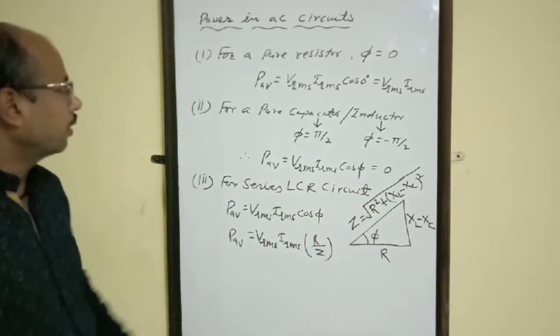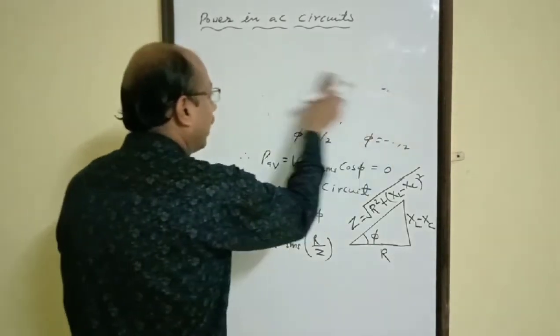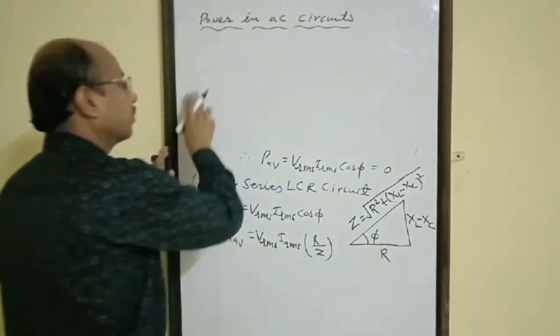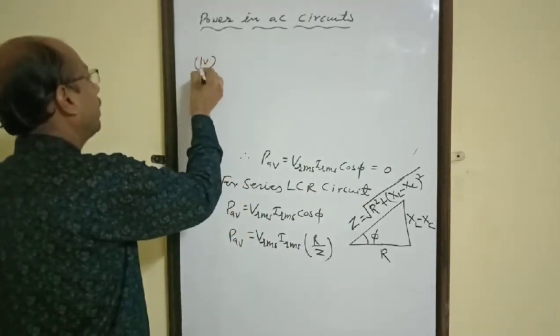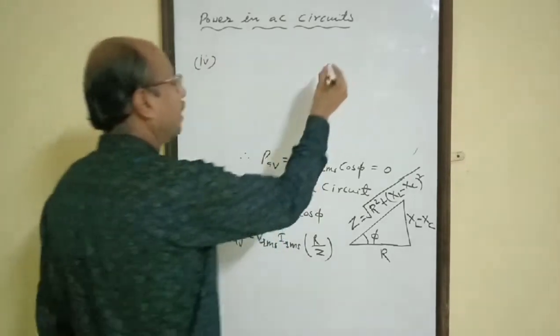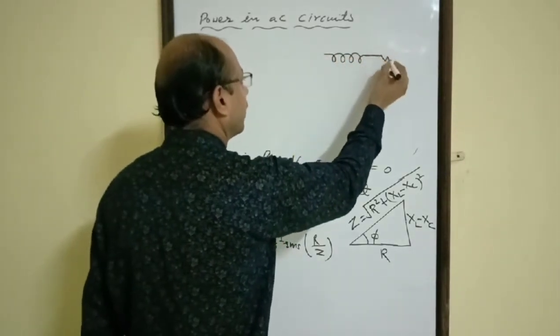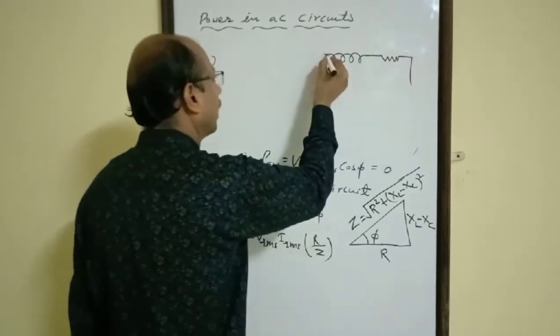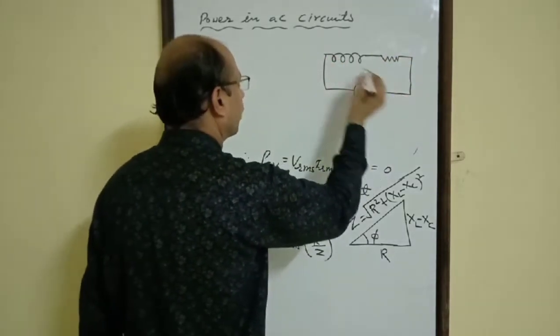This is case number 3. Now if we have an LR circuit, LR circuit means here it is an inductor and here it is a resistor, and both are connected with an alternating source of EMF.